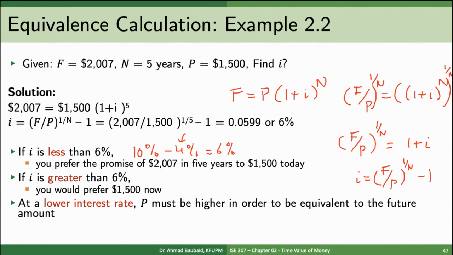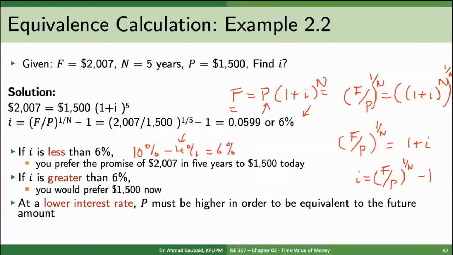right? If I is lower, then hopefully you even see this from the formula. So if you lower I, but you want to keep F the same, assuming N is the same, what do you need to do to P? Increase. Yes, yes.